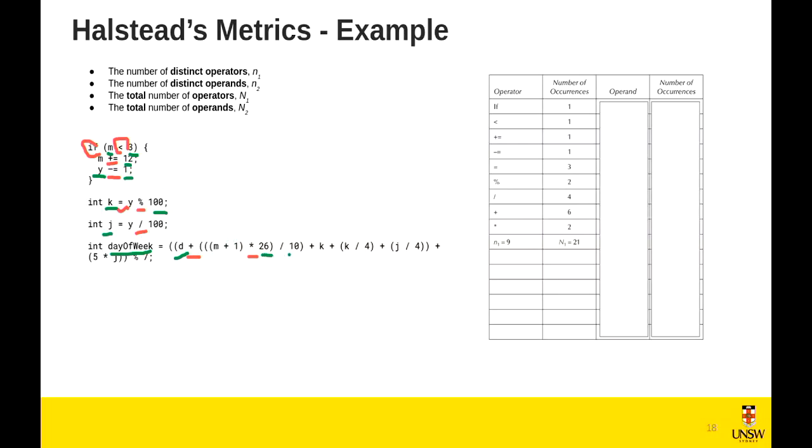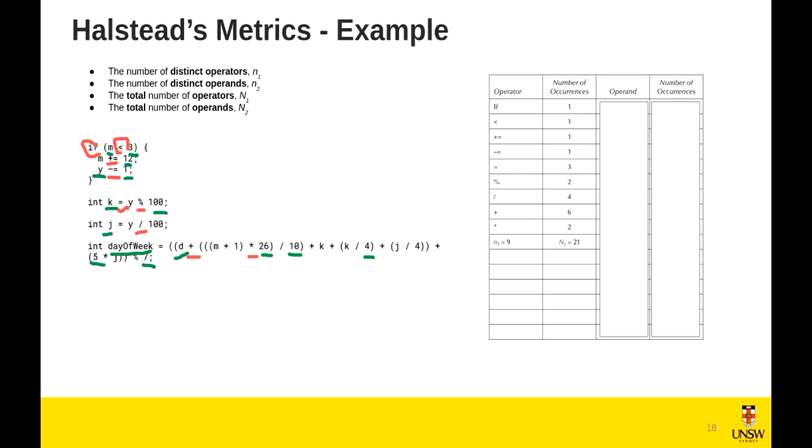And 26, 10. K, we have already counted K. And then 4, we have already counted J and 4, so we don't count them again. And we have 5, we have 7.